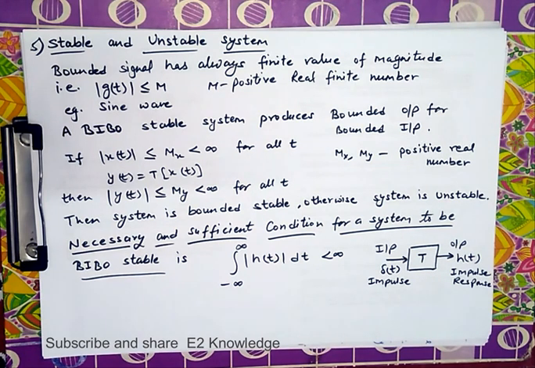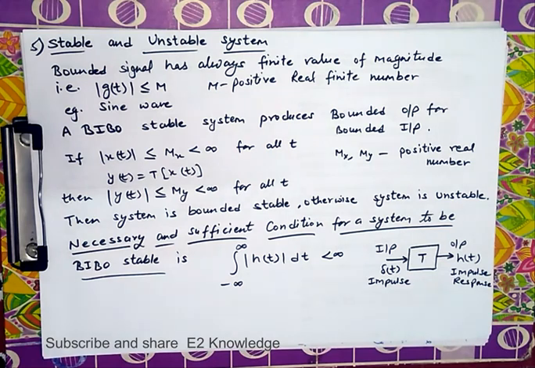Otherwise, it is non-invertible. Further, we can divide systems into finite impulse response and infinite impulse response systems. It means when the impulse response of a system can be defined in a finite number of samples, then it is finite impulse response. If it is not defined by a finite number of samples and infinite samples are used, then it is infinite impulse response.